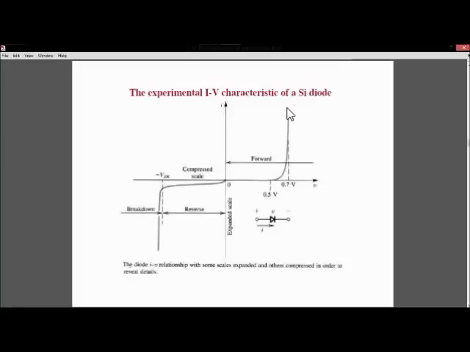This is the forward characteristic of the silicon diode, because the built-in voltage in this case is 0.7. And similarly in the reverse bias condition, we will have a reverse breakdown voltage, that is the point of voltage at which the current increases rapidly for a very small increase in the voltage, and that occurs always in the reverse bias condition.